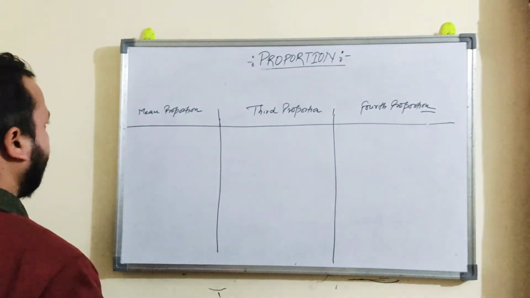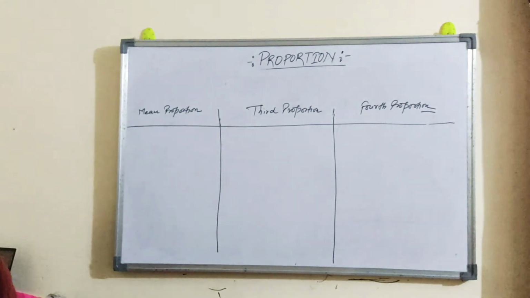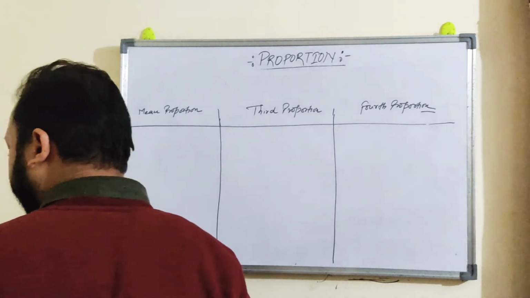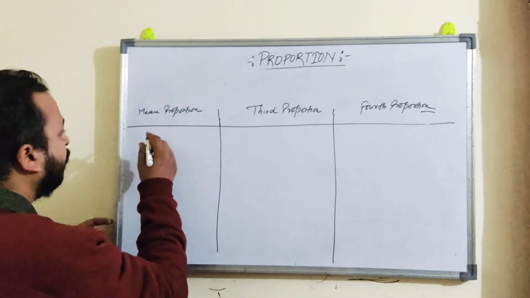They are very important. So if the question is asked like this, that you have to find out the mean proportion, it means they will give only two different quantities.